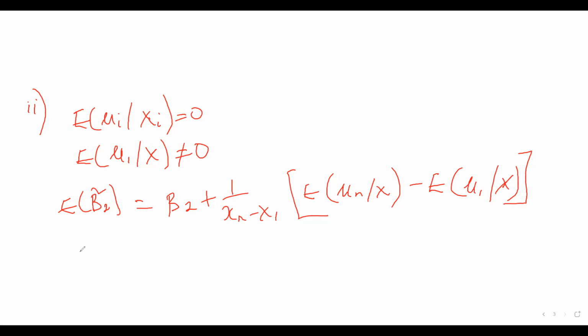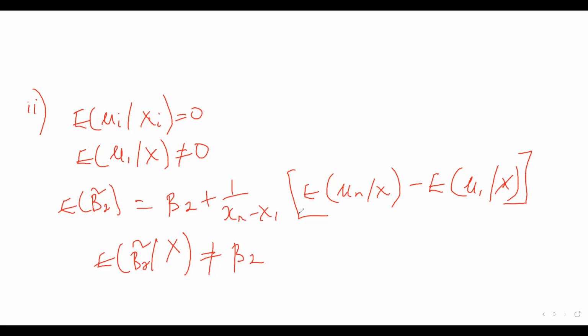So that shows us that once the assumption changes, if this is equal to 0, this is no longer equal to 0 again. So the expected value of beta 2 tilde given x is not equal to beta 2 again.